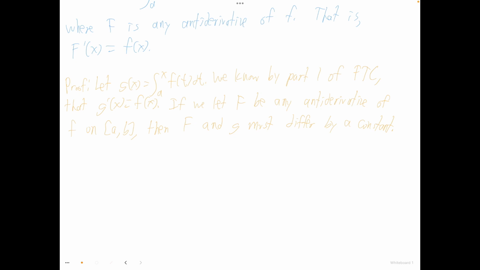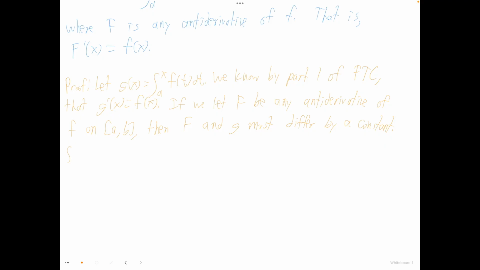Okay, so we've talked about this before. Back when we were talking about antiderivatives, we talked about how if a function has an antiderivative on an interval, all of the antiderivatives differ by just a constant. That's why we had the plus c at the end of our antiderivatives.